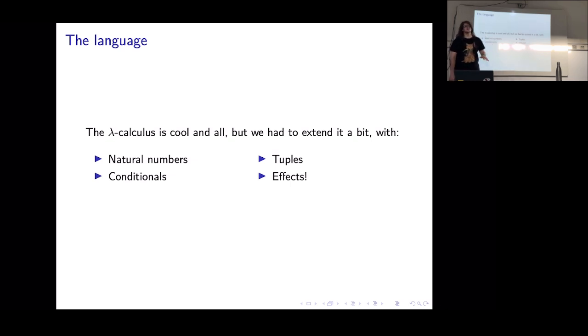This makes everything easier. Not the easiest thing, but easier. So we extended the language with natural numbers, conditionals, so if, then, else, tuples, and effects. Effects are basically the BIOS calls.